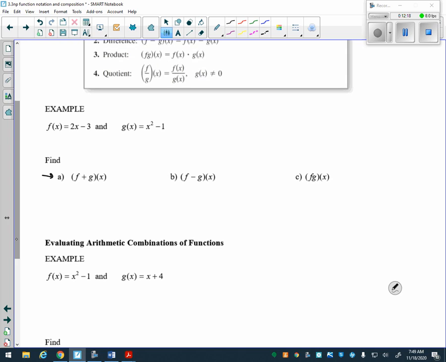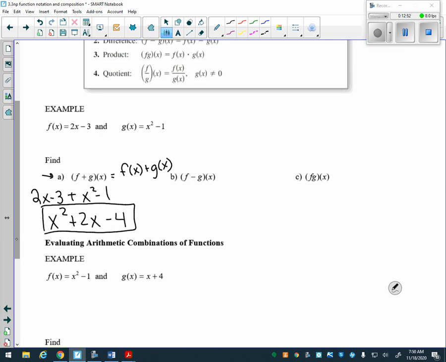That simply means we are adding f of x plus g of x. So we take our two functions, 2x minus 3 plus x squared minus 1. And we combine like terms, and we always write our final answer from highest exponent to constant. So we have x squared plus 2x minus 4 as our answer.